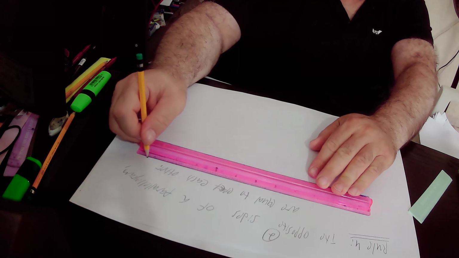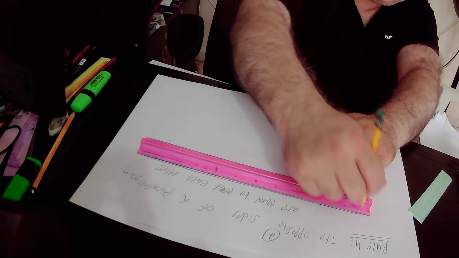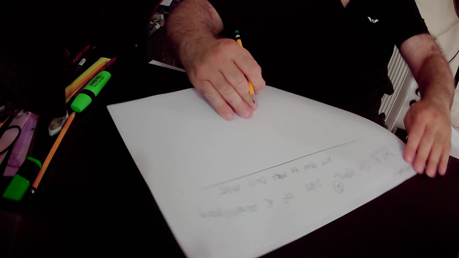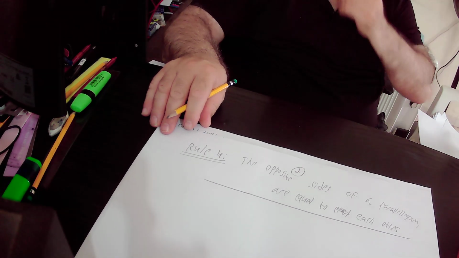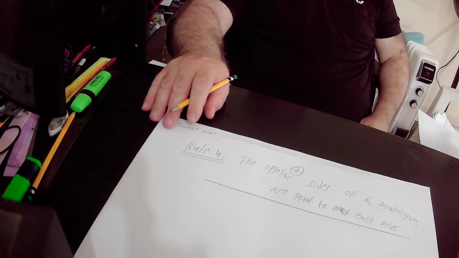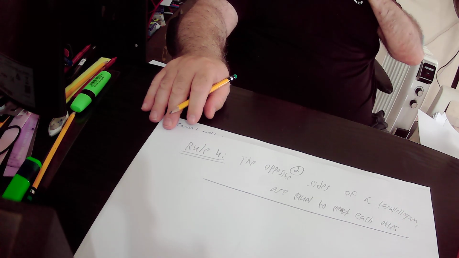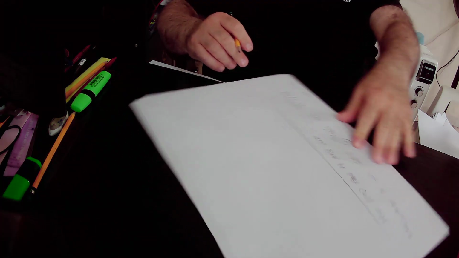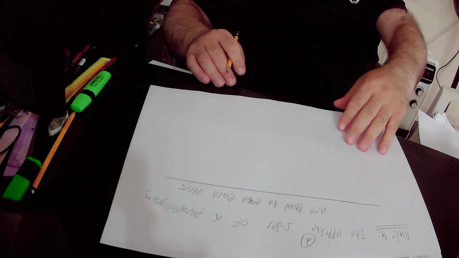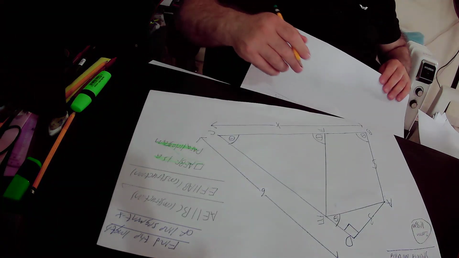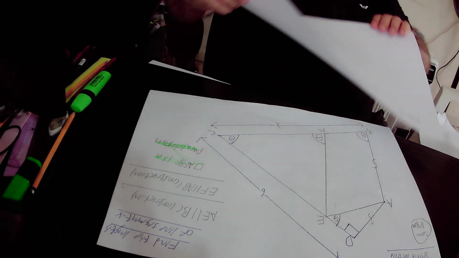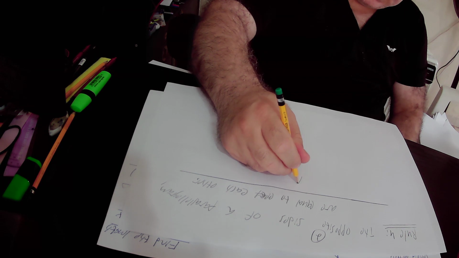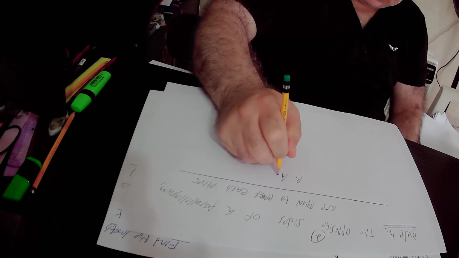So I read rule number 4 again. According to rule number 4, the opposite sides of a parallelogram are equal to each other. So we will focus on our parallelogram AEBF.